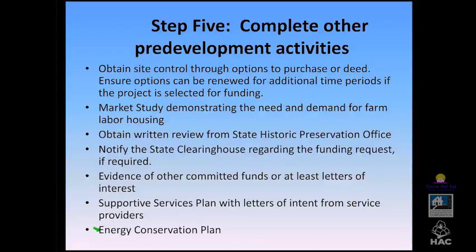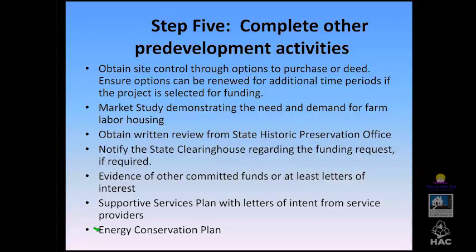This next one is a biggie, energy conservation plan. You are likely not going to receive enough points to be funded if you do not participate in LEAD or one of the energy plans.